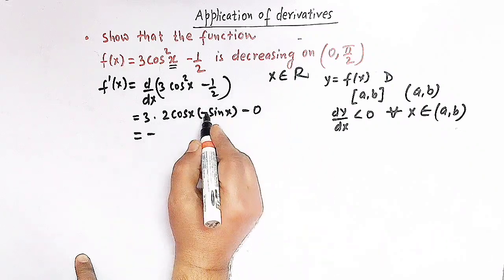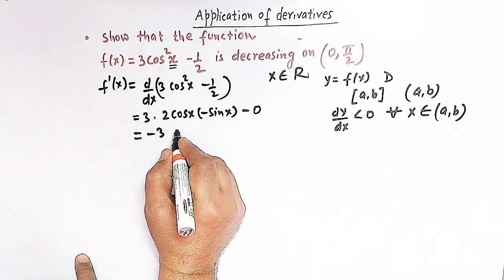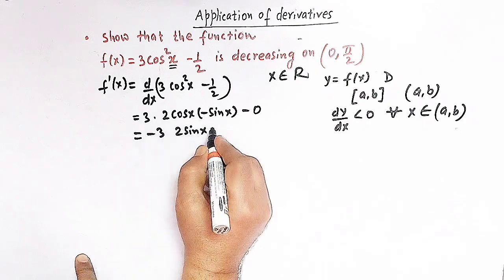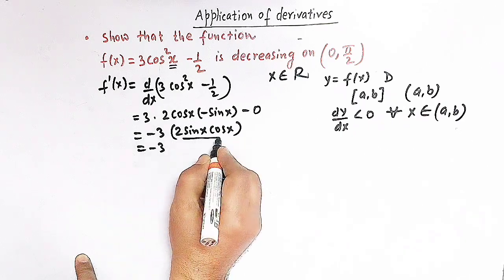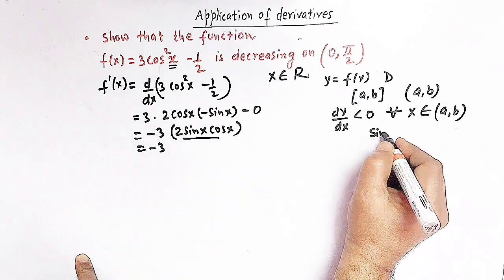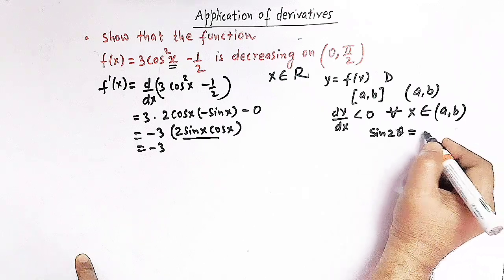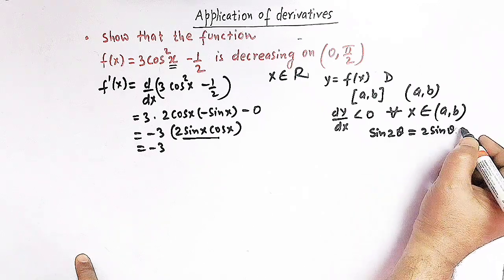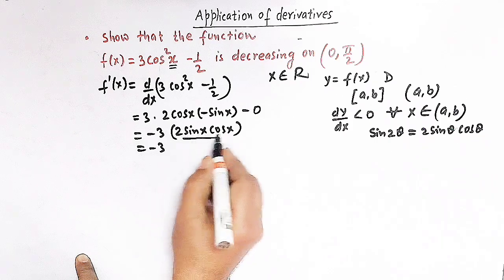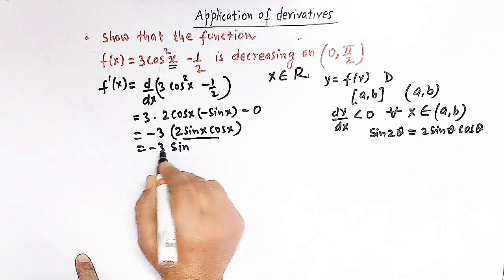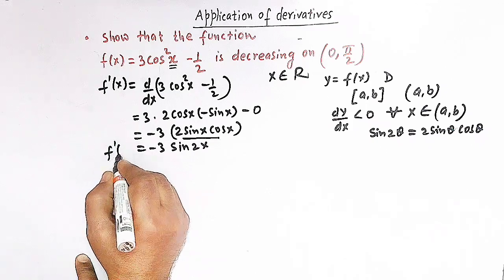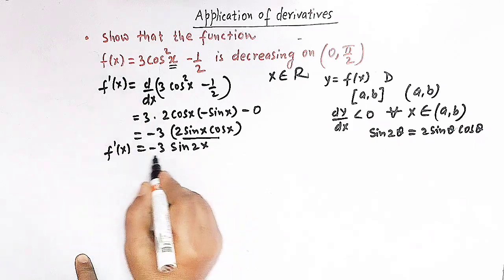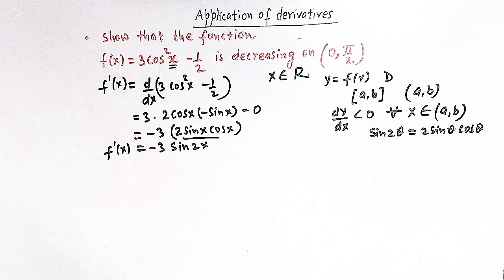So we have minus 3 times 2 sine x cos x. From trigonometry, we know that sine 2 theta equals 2 sine theta cos theta, so we can write sine 2x. The derivative of f of x is given by minus 3 times sine 2x.